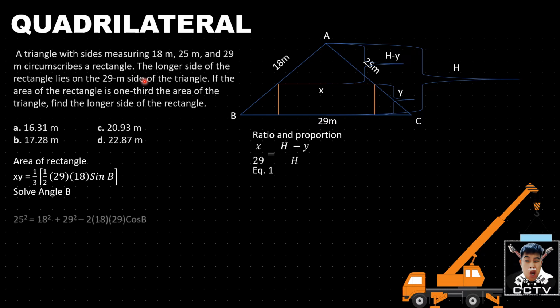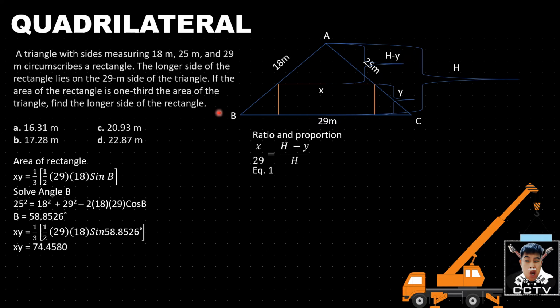And then, solve mo muna yung angle B para makuha natin to. Gagamit tayo ng cosine law, which is, ang gusto natin makuha is angle B. So, we'll use this side, 25 squared, then the two sides, 18 squared plus 29 squared minus 2 times 18 times 29 times cosine B. And you'll get B here, and that is 58.8526 degrees.